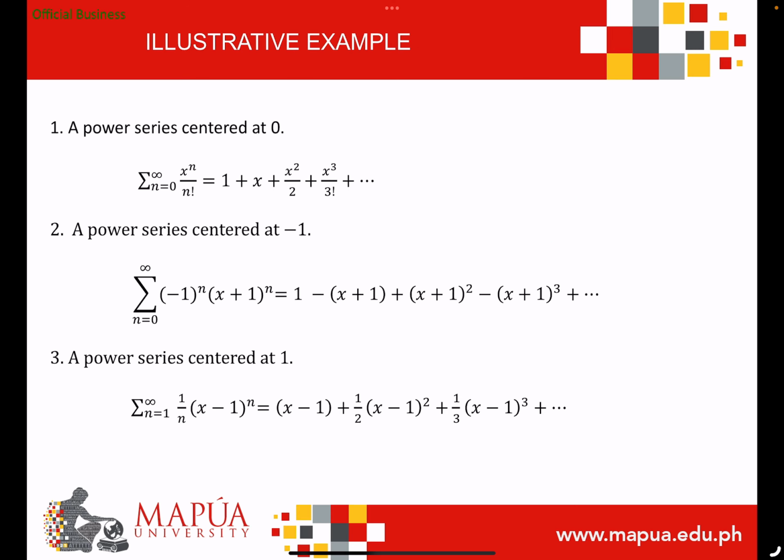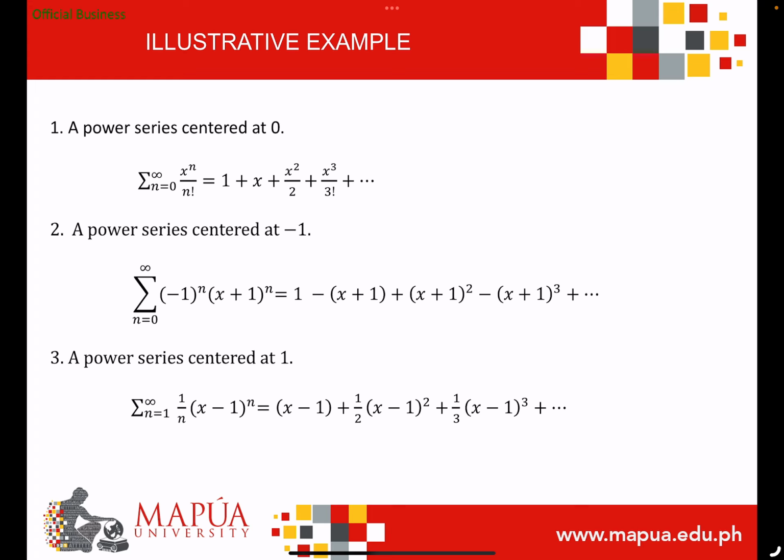A power series centered at 0. Let us consider a certain power series centered at 0. So we have summation of x raised to n over n factorial, equal to 1 plus x over 1 plus x squared over 2 factorial plus x cubed over 3 factorial.